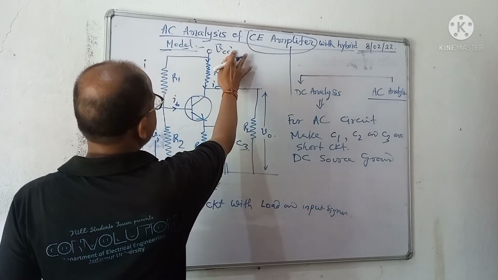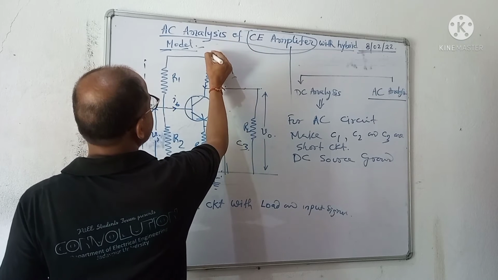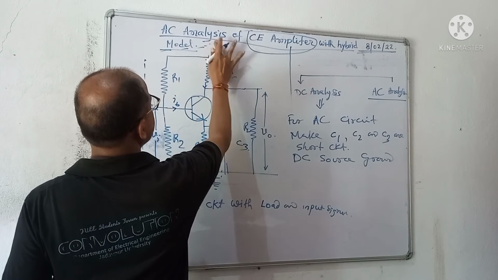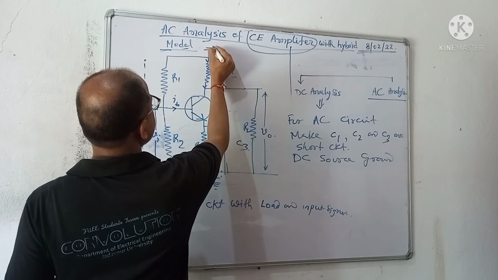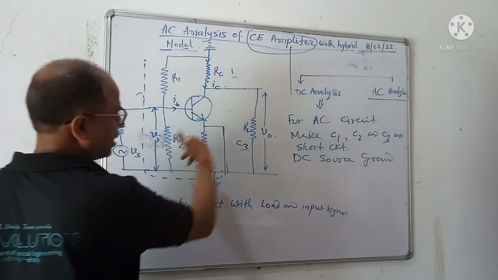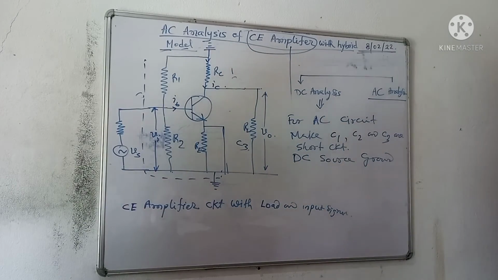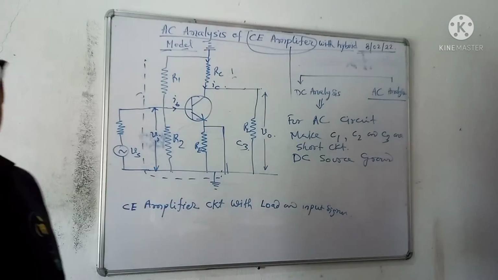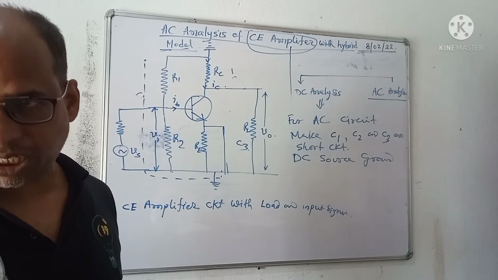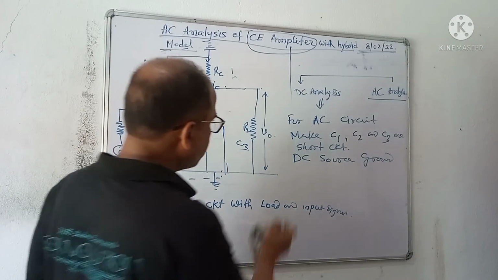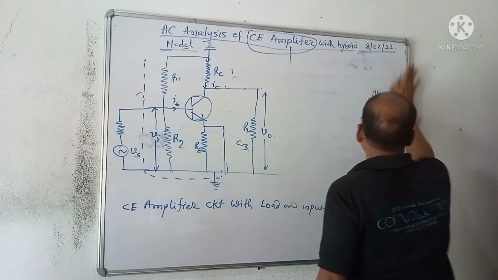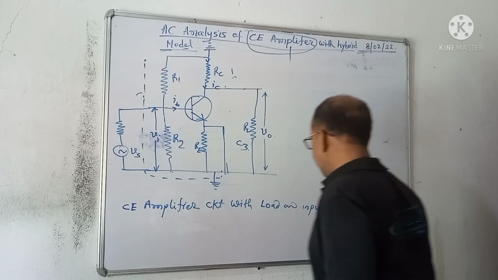Therefore, make DC grounded. Now, from the amplifier circuit, draw the hybrid model circuit of the given amplifier, not of the transistor, but of the amplifier.